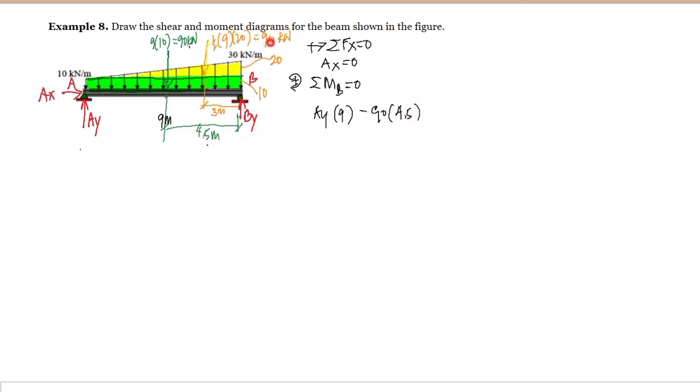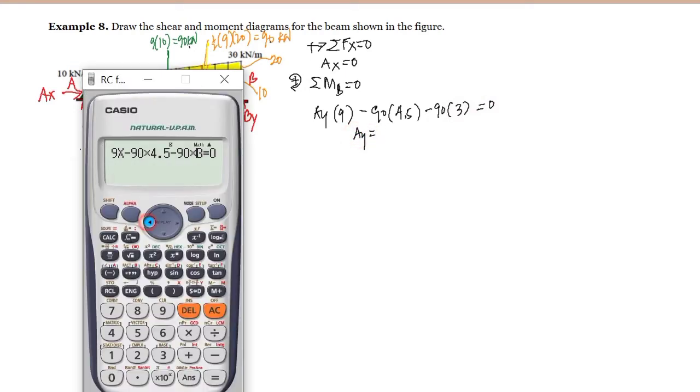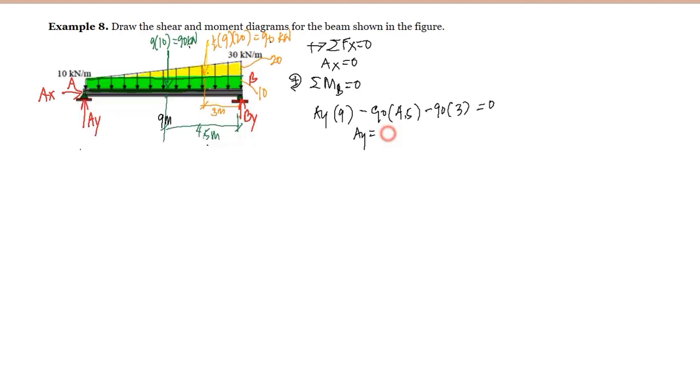And this 90 kilonewton, the resultant of the triangular load, is also negative since it will rotate counterclockwise, and it has the moment arm of 3 meters. This is equal to 0. So solving for the value of AY, we have 75 kilonewton.